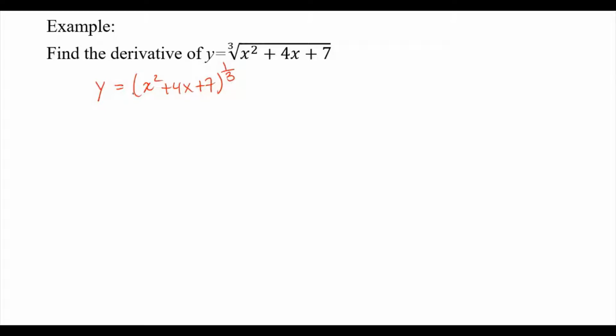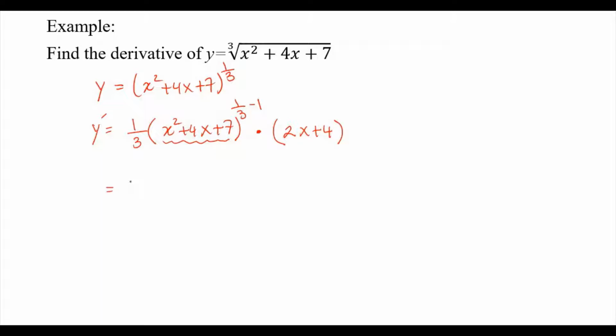So first we're going to find the derivative of the outer function and then multiply with the derivative of what's inside those parentheses. So y prime is going to be equal to 1/3 comes down times x squared plus 4x plus 7 intact raised to the 1/3 minus 1 times the derivative of what's inside, which is in this case 2x plus 4 plus 0.